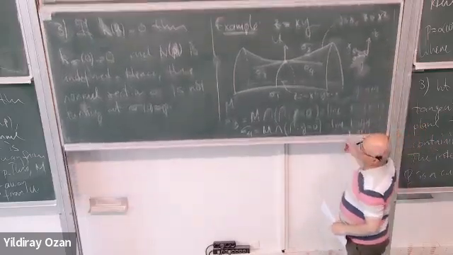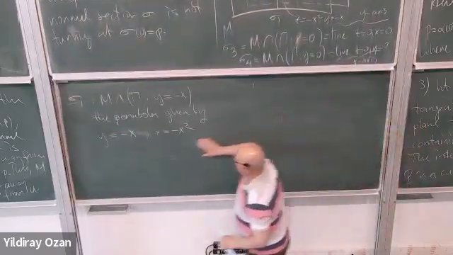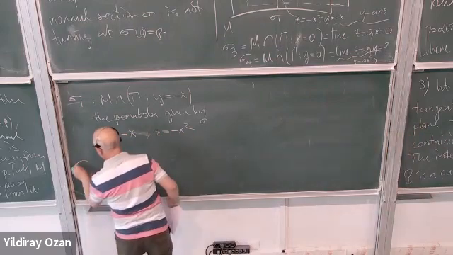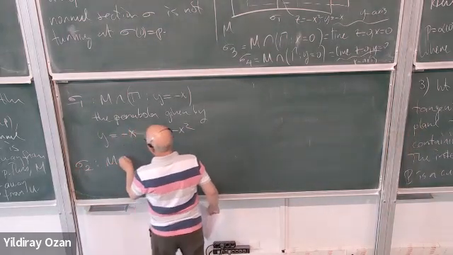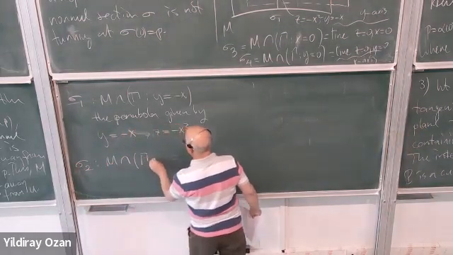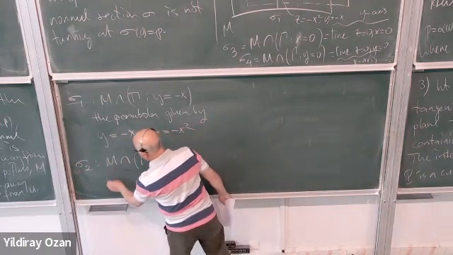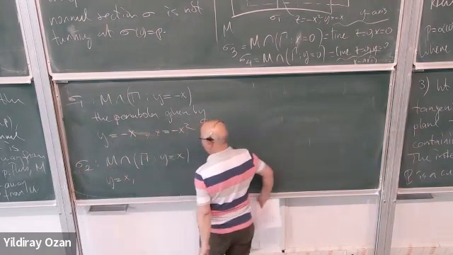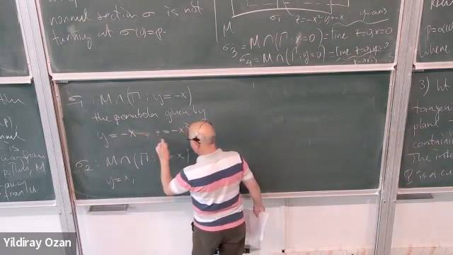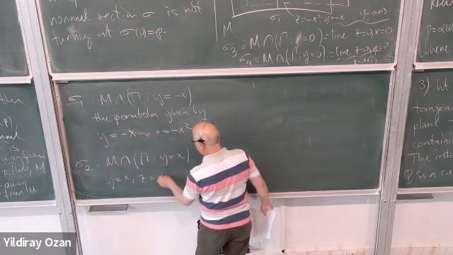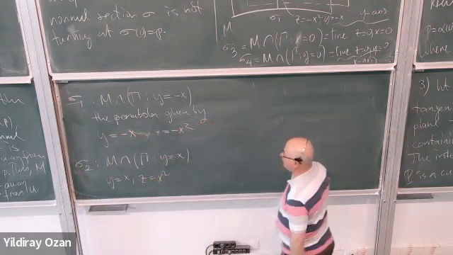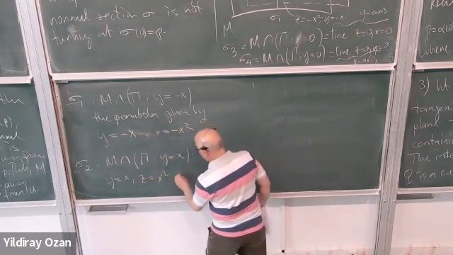So gamma 2 is M intersection with the plane y equals x. So gamma 2 is given by these equations, x equals y and z equals x squared. Okay. Again, a parabola.